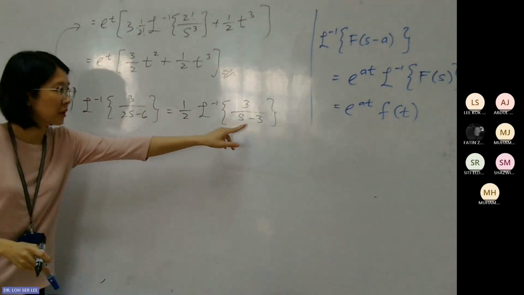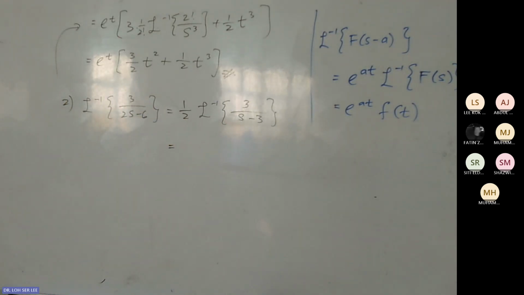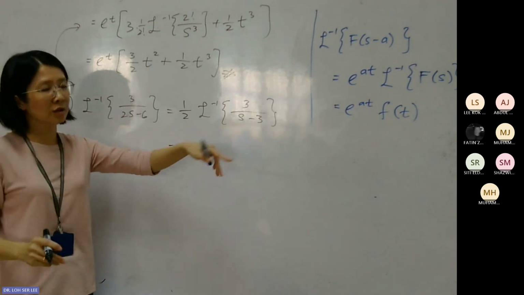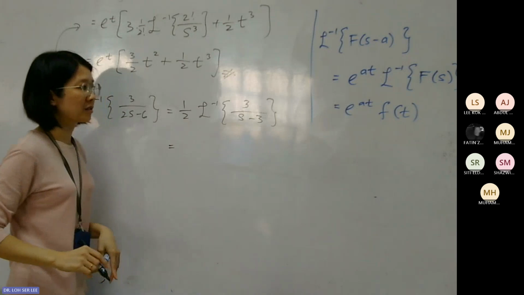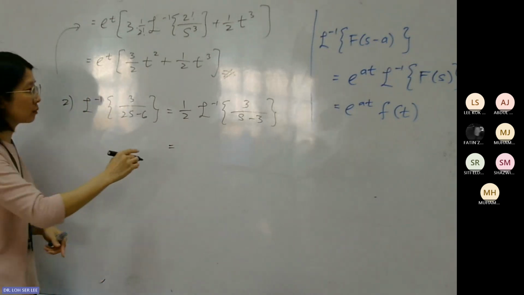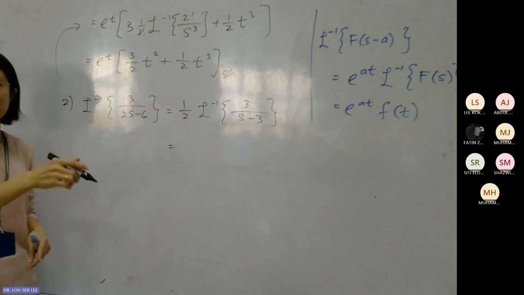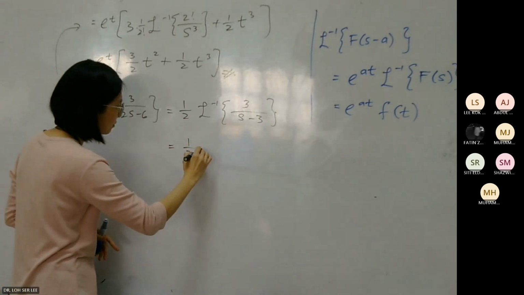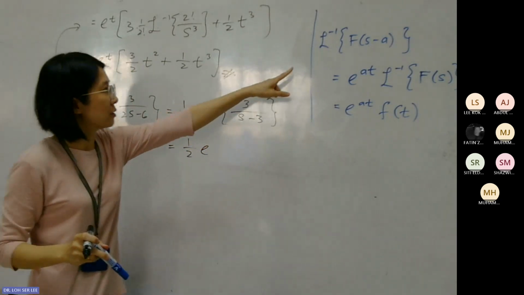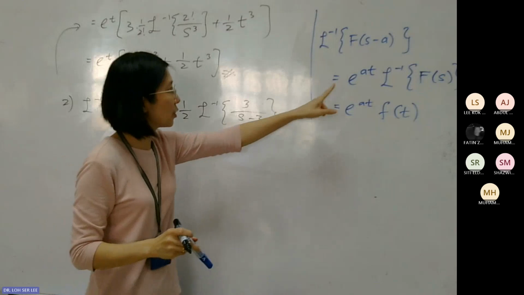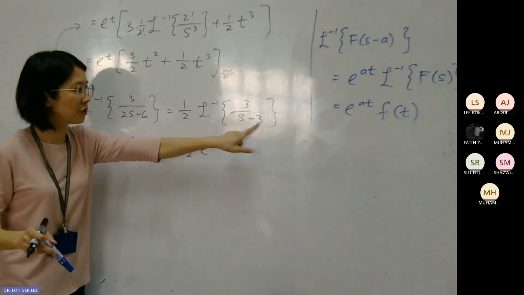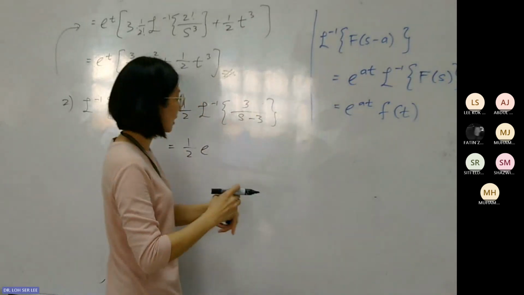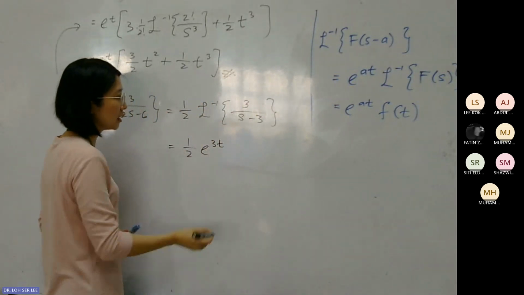Okay, this one, actually you can directly apply the formula using the e^(at). But actually, this one, we can also solve using the first translation because we can take out the minus 3. Let's say now we are using the first translation. So match this one. Your a is 3. There's no s at the top, so no issue. a is 3. So when we take out, we have e^(3t).